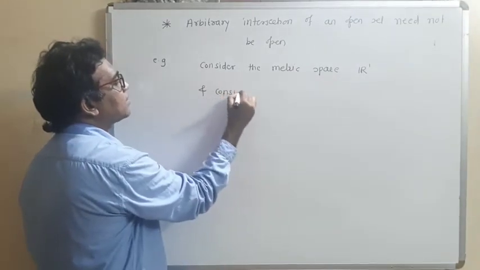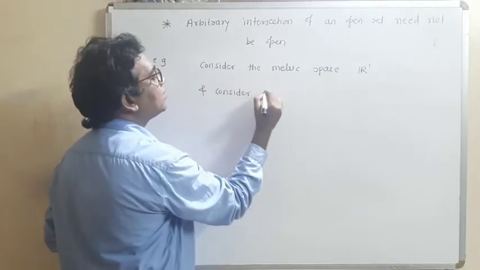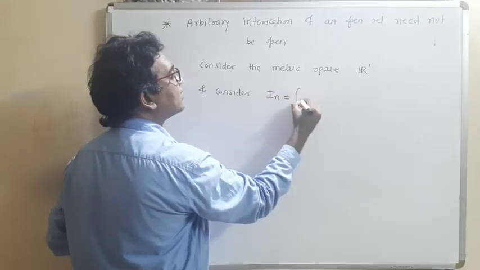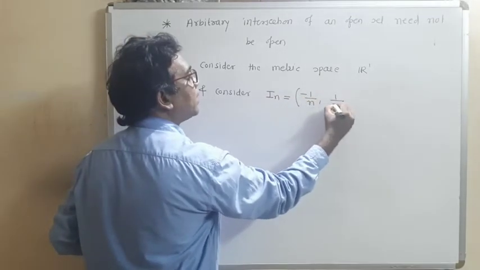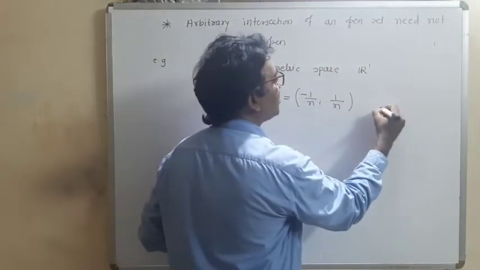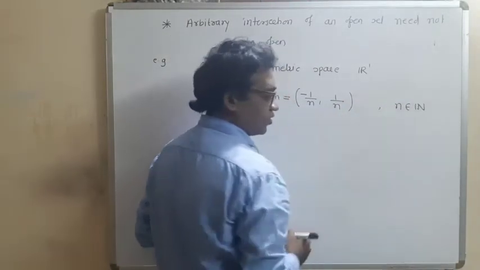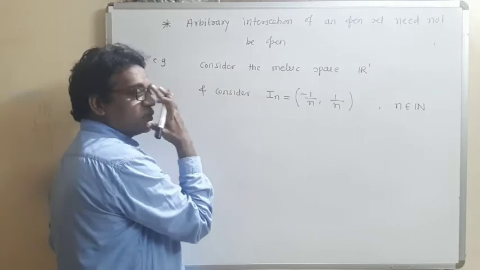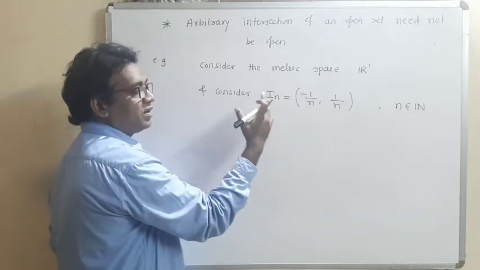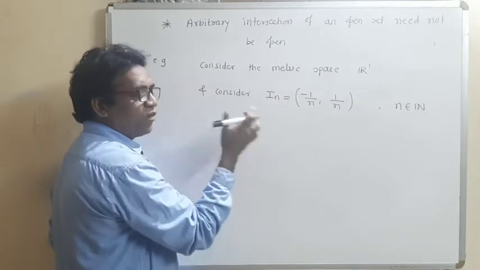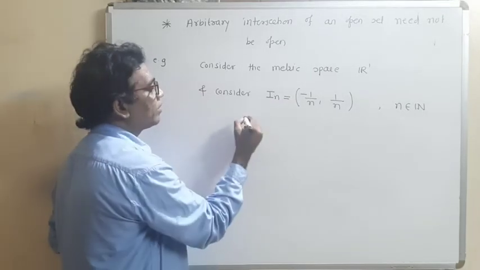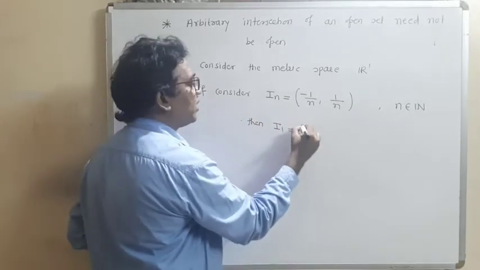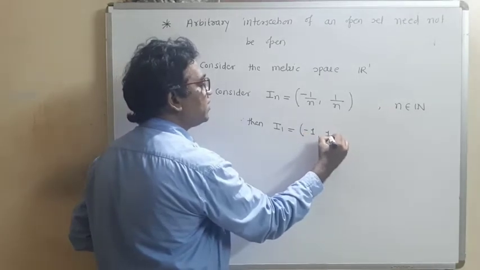Consider this open interval In equal to minus 1 upon n to 1 upon n, where n is a natural number. If we put n equal to 1, I1 is the open interval minus 1 to plus 1.